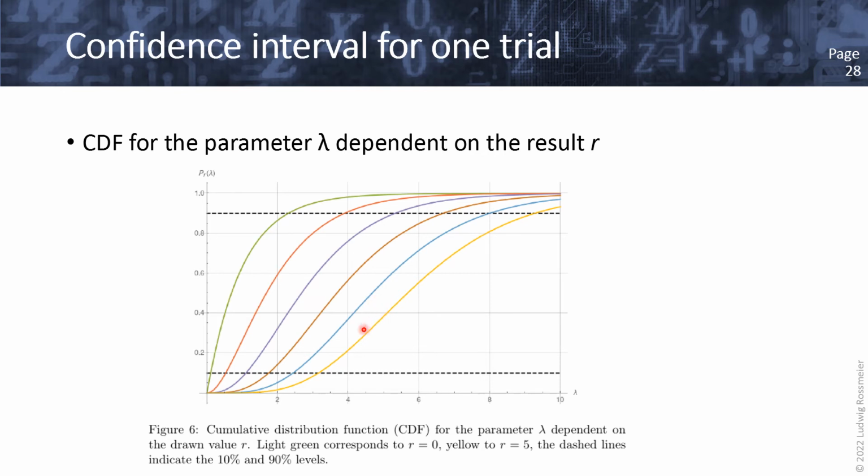And here I have 5 for this yellow. What we see, of course, is that the cumulative distribution function will have its saturation at the probability of 1.